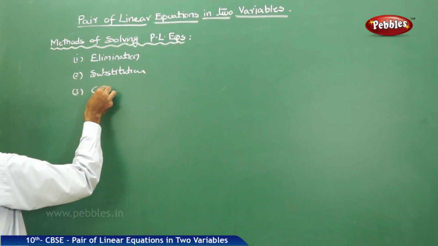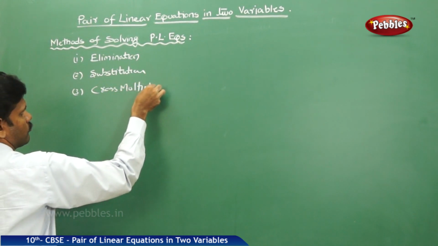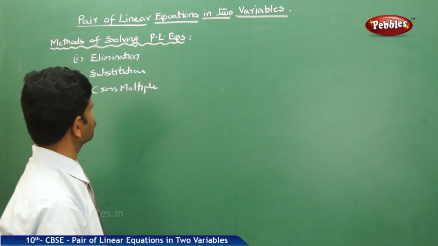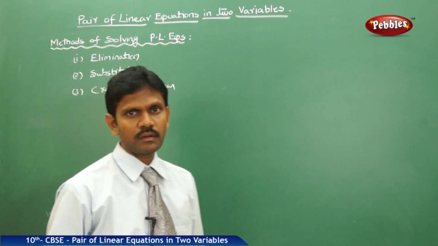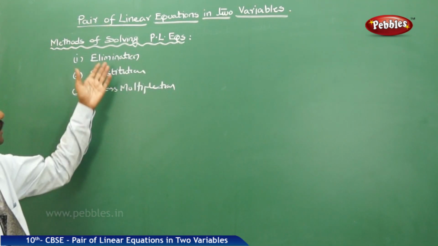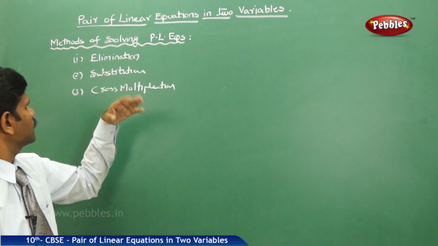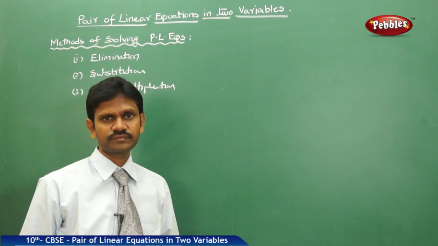Number 3, cross multiplication method. That means we can solve the pair of linear equations in three different methods: number 1, elimination method; number 2, substitution method; number 3, cross multiplication method.